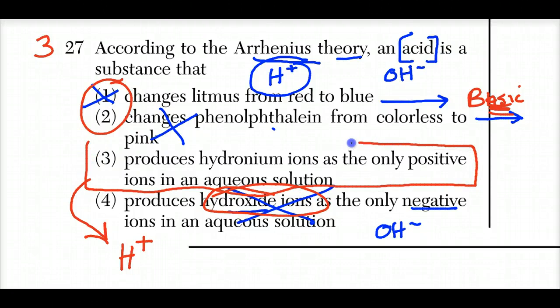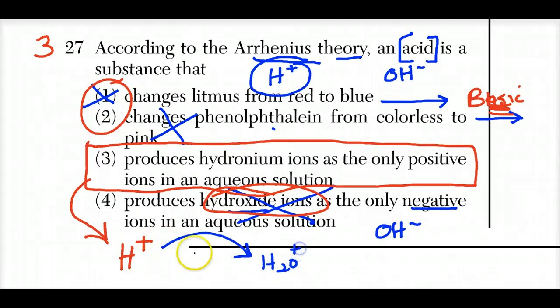If you believe the only thing positive is hydronium, then you really are considering the fact that water is accepting an H plus, and that must mean you're talking about the donating and accepting of protons. So this is not the best way to describe Arrhenius. However, the other 2 choices are so poor, this is the only thing that we can go with.